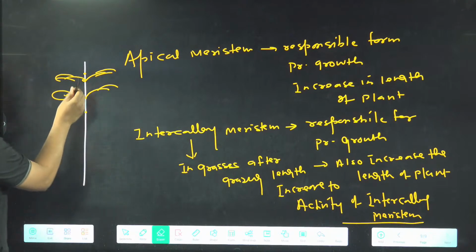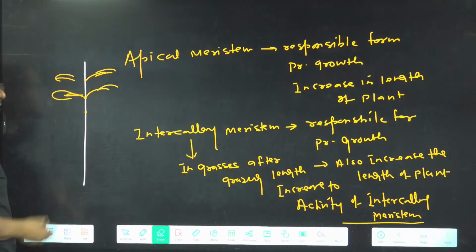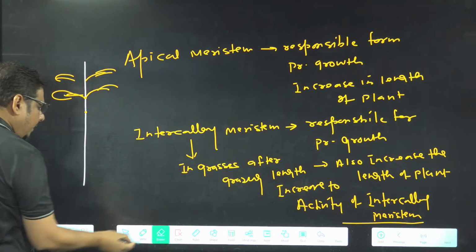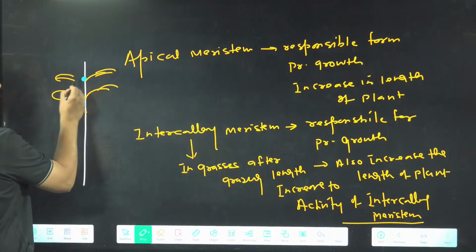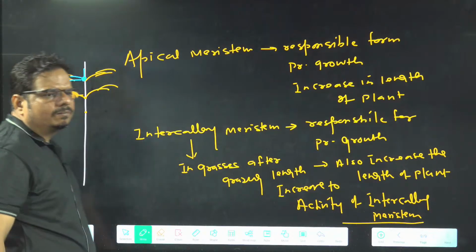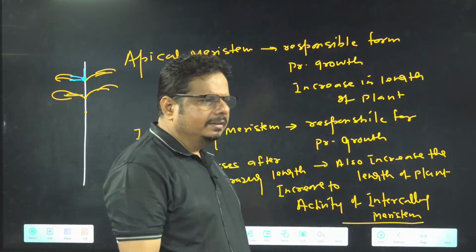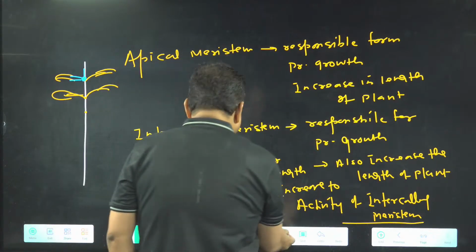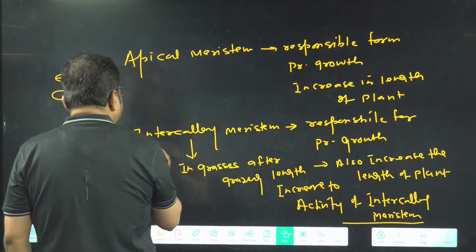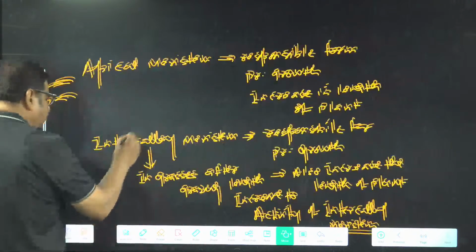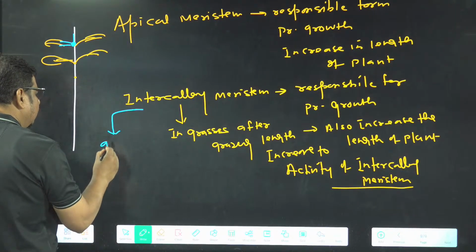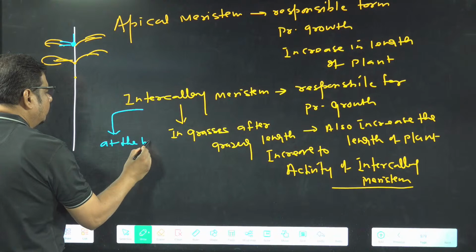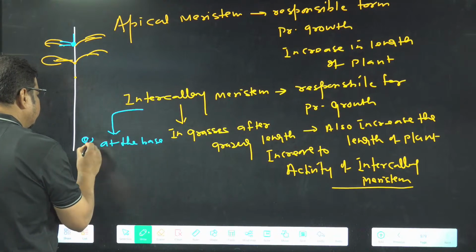Then further you find the grass is growing in height. This regrowth in the height of the grasses once again occurs due to the activity of which one? Intercalary meristem. That line is written in NCERT, or not? So intercalary meristem, where is it present?